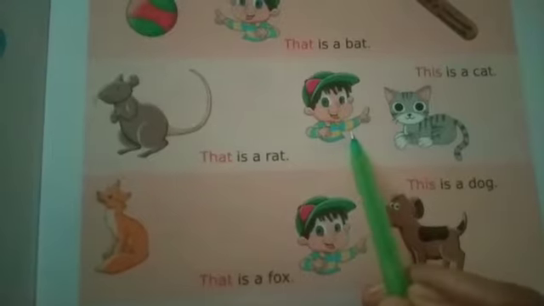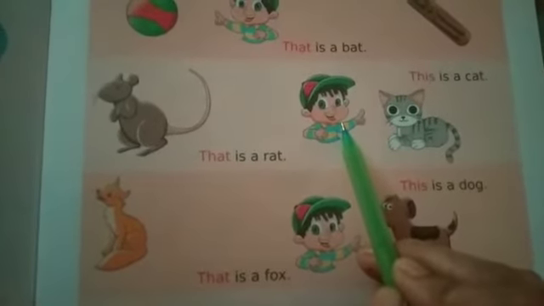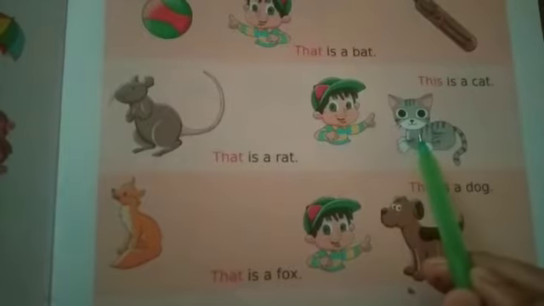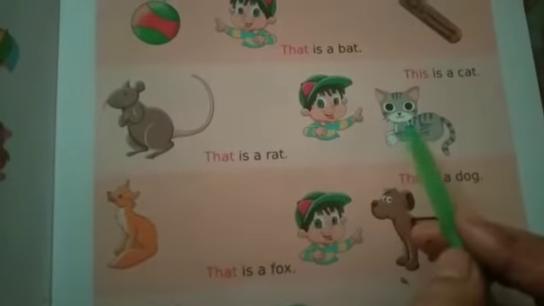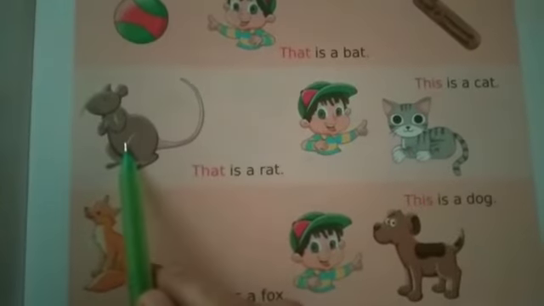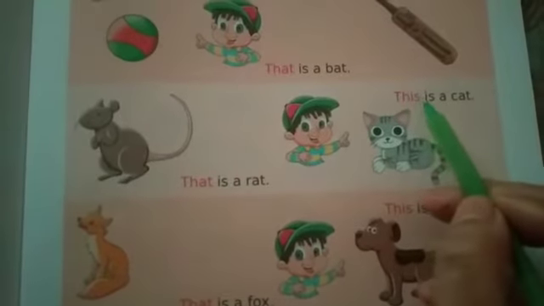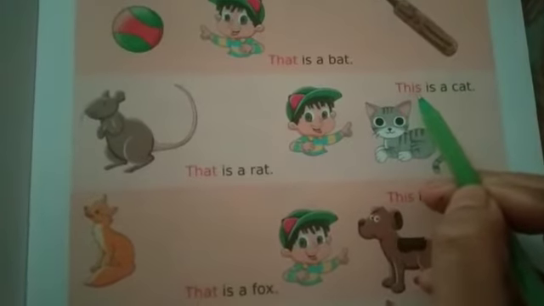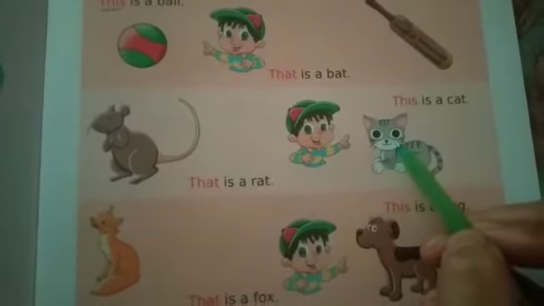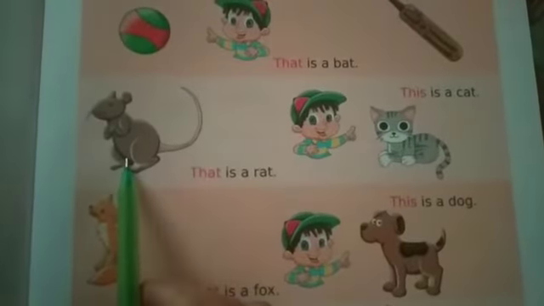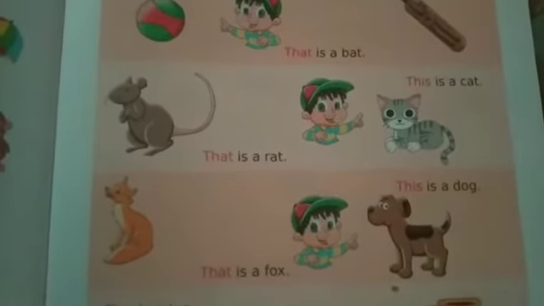Rat, boy and cat. सो कैट बॉय से नजदीक है। बॉय के पास में कौन सा एनिमल है? कैट है। और रैट उससे दूर है। So we use this for cat and we use that for rat. Okay, so read this sentence. This is a cat. And that is a rat.